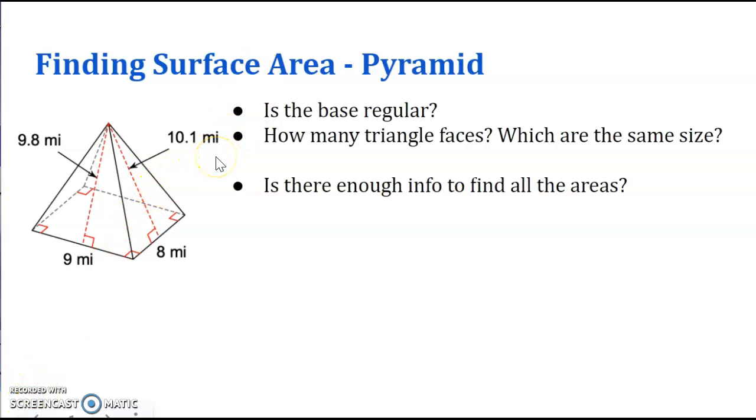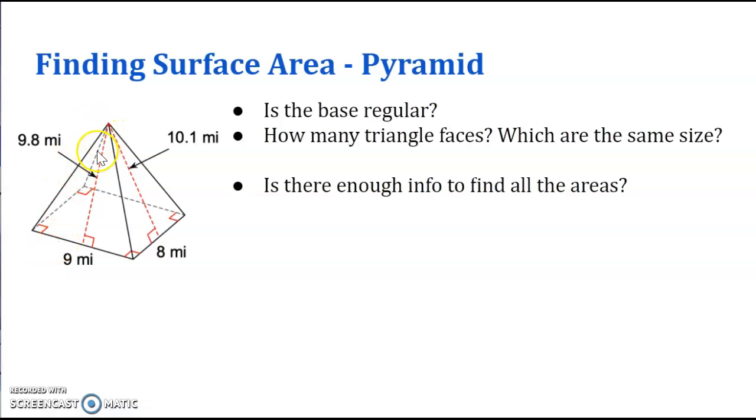And here are the answers being revealed. This is the first problem where you had the pyramid. It was a rectangular pyramid because the base shape is a rectangle and it has the width of 8 miles and the length of 9 miles.